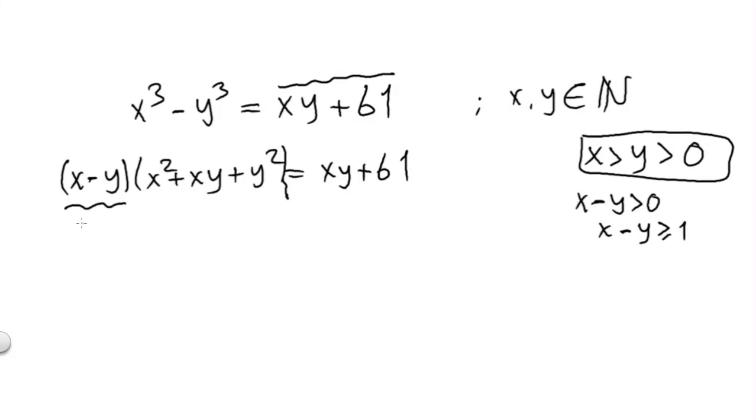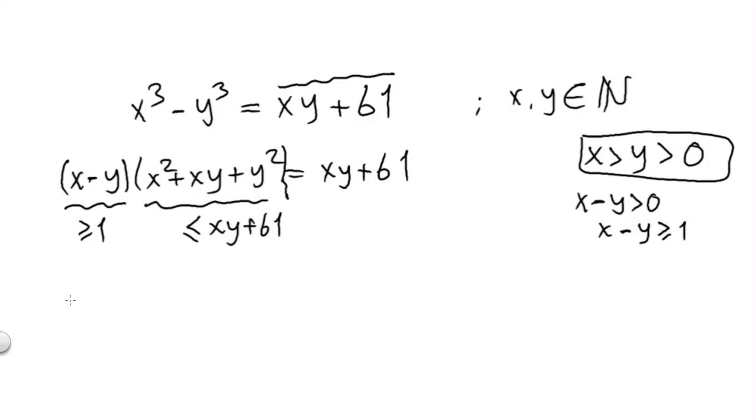And why is this useful? Because now I can say that if this is greater or equal than 1, this thing has to be lesser or equal than this thing. Why did I do that? Because now if I have an inequality like this, I will have these two simplified, and I will be able to find bounds for x and y.